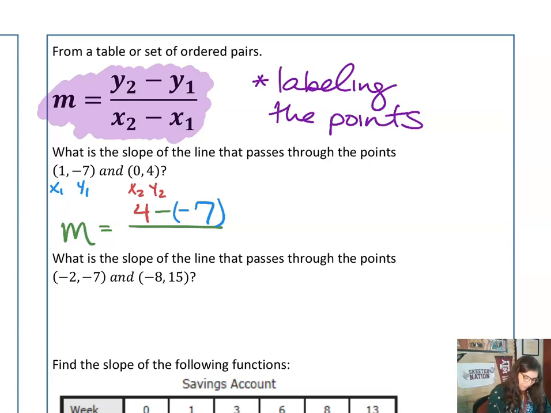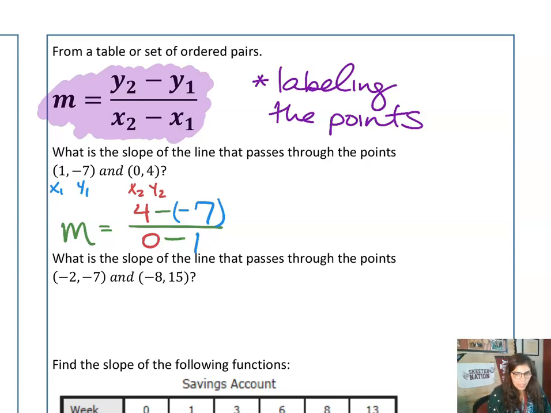Then we continue the formula. The formula says the first number on the bottom is x2, we labeled that one 0, minus x1. Again, I'm taking the number that I labeled x2, plugging it in, and the number that I labeled x1 and plugging it in. At this point, I need to calculate, or plug and chug, some answers here.